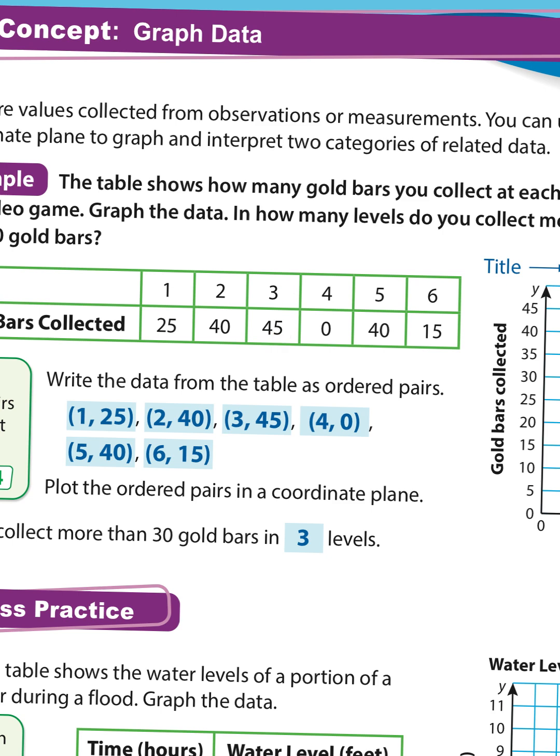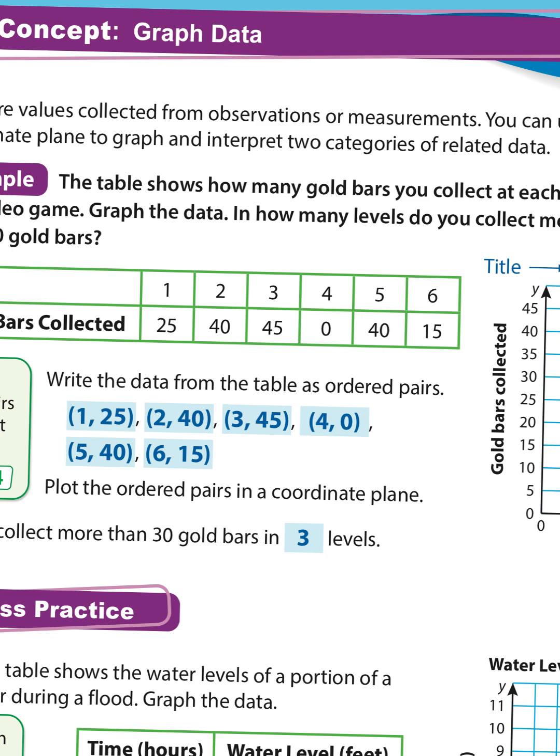Okay, then it says you collect more than 30 gold bars in how many levels? You collected on level 2, level 3, level 5. Yep, so how many dots, how many points are those? More than 30. So on level 2, you got 40. So this is one level, 2 levels, 3 total levels. Does everybody understand that?